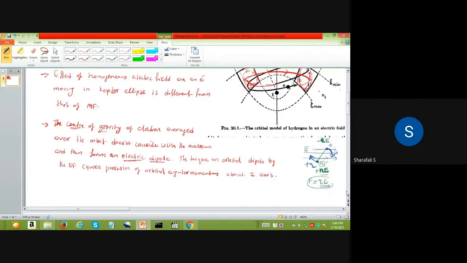When that changes, there will be some separation between the negative and positive charges, the nucleus and electron, and that creates an electric dipole inside the atom because of the external electric field. Further application of the field causes this torque effect, which forms the precession of the orbital angular momentum about the z-axis.